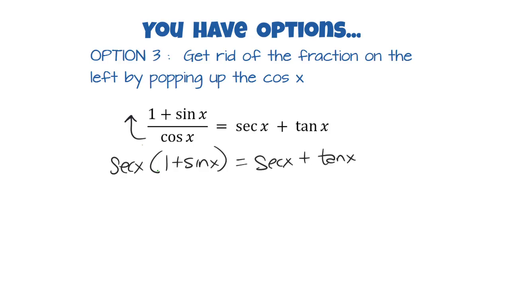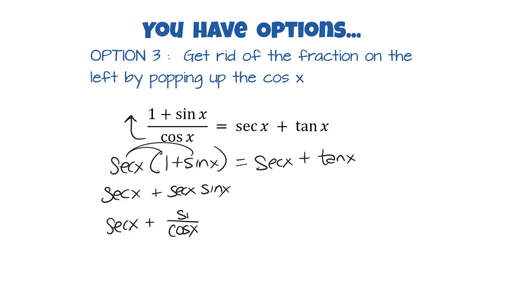Now, if I'm trying to get these to match, I don't want to have the parentheses there, so now I'm going to distribute. I'm going to write secant x plus secant x sine x. And then I am going to write secant x plus, now I'm going to bump that secant x back to the denominator here and make it look like that.